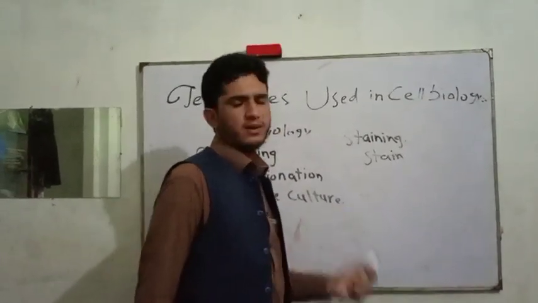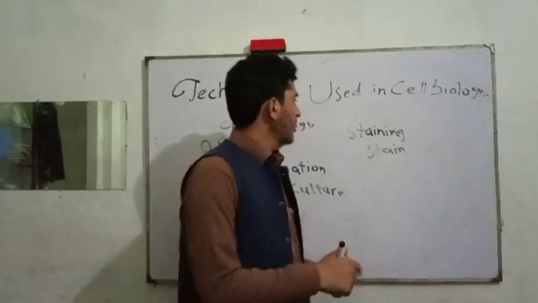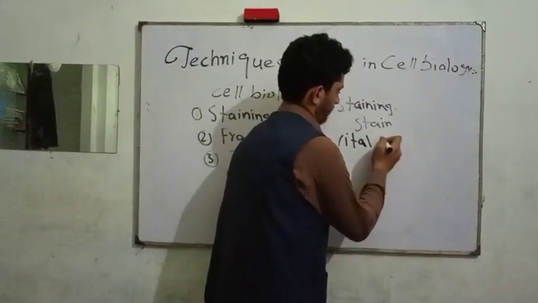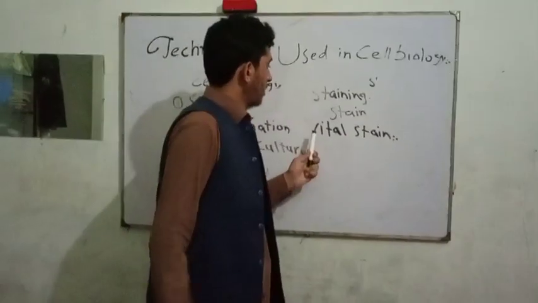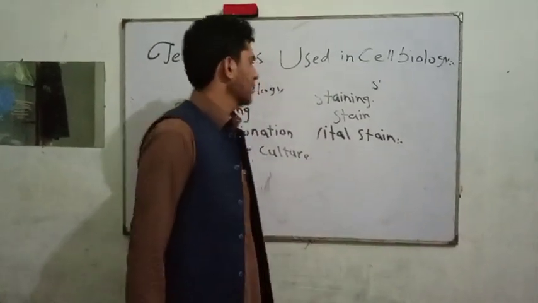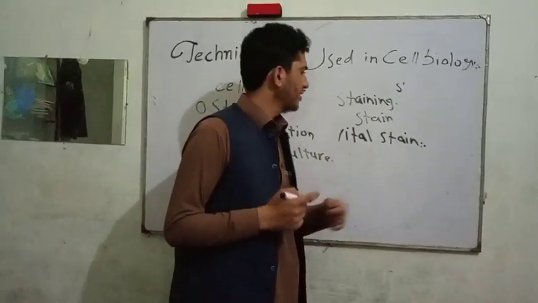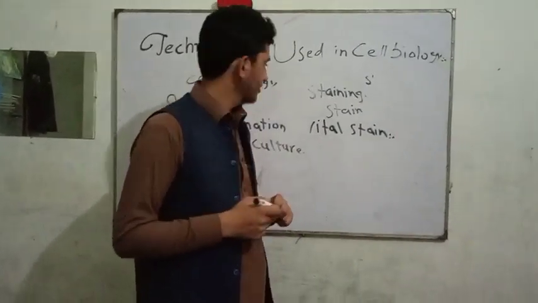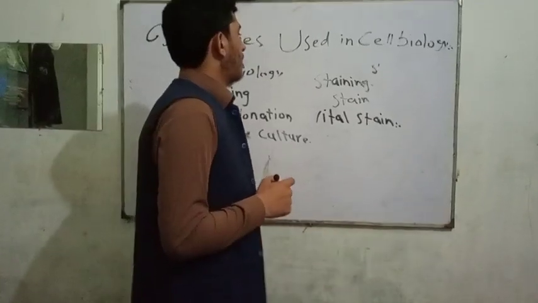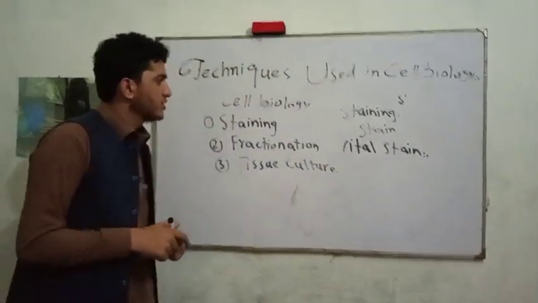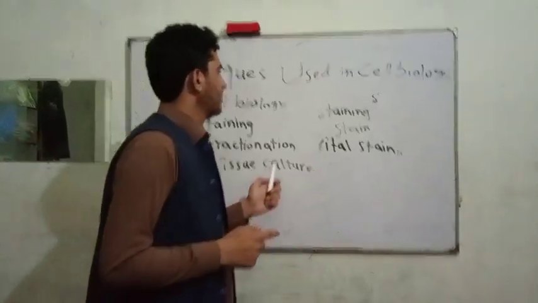There are many types of stain. The first is the vital stain. A vital stain is that stain which doesn't harm the living cell. There are many other bases on which we can divide stains.